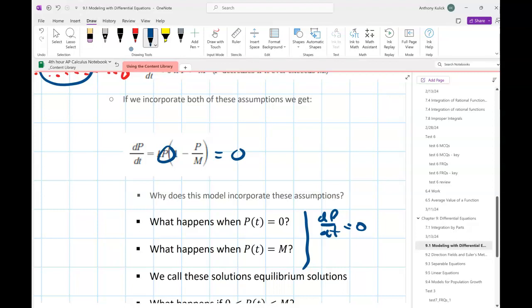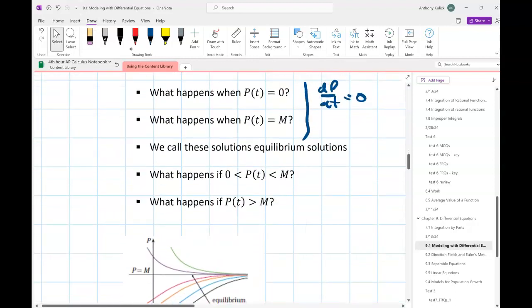So if population can't change, you're stuck at that population, right? So you're stuck at population of 0. If P is equal to M, this becomes 0, right? So the rate of change again is 0. How does that become 0 though? Well, because you have 1 minus M over M. Oh, okay. It's a 1 minus. Okay.